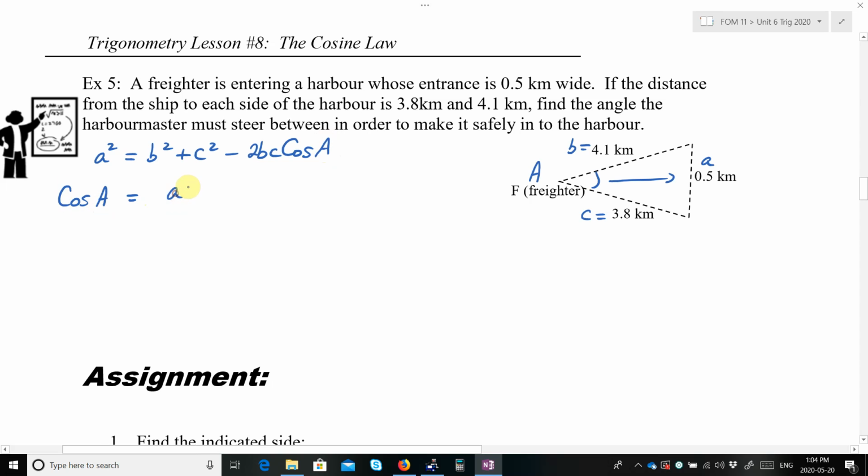It looks like this: a squared minus b squared minus c squared, all divided by negative 2bc. Okay, so that's how the formula would be if you got cos A by itself.